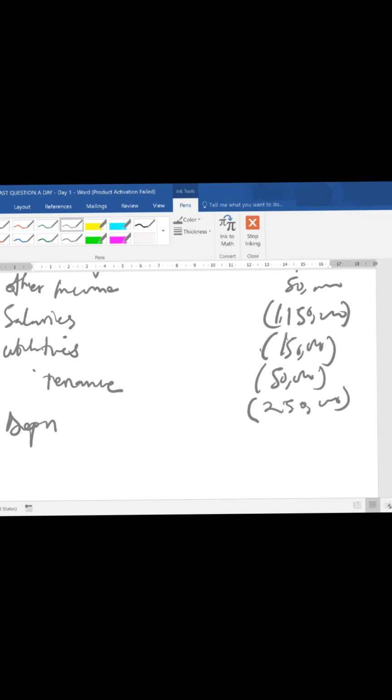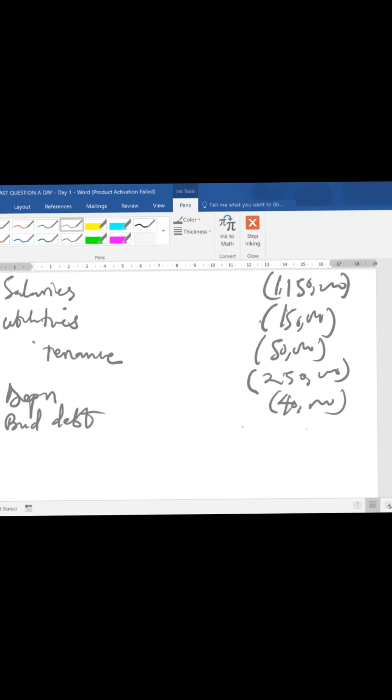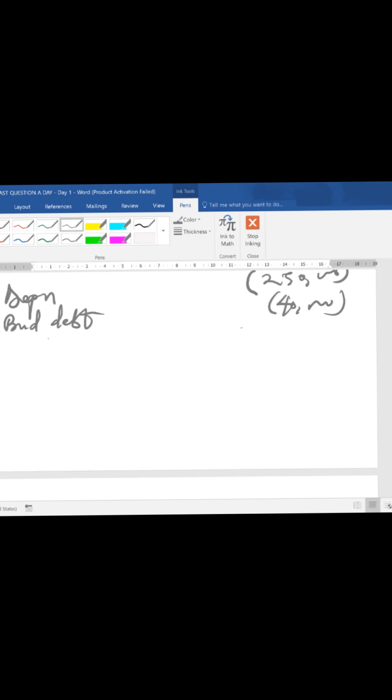We have bad debt that we introduced, 40,000. We have admin, which is 550.